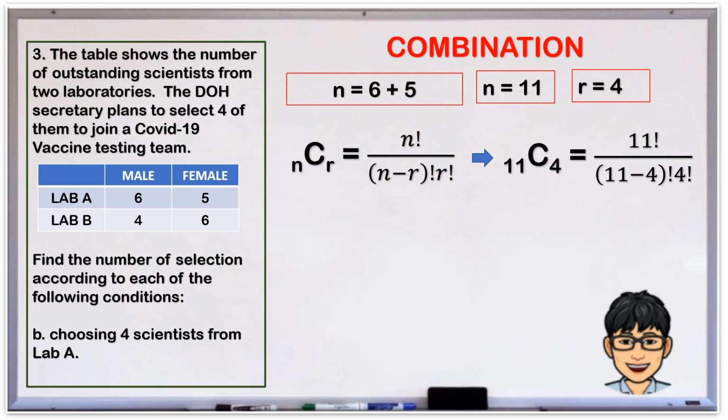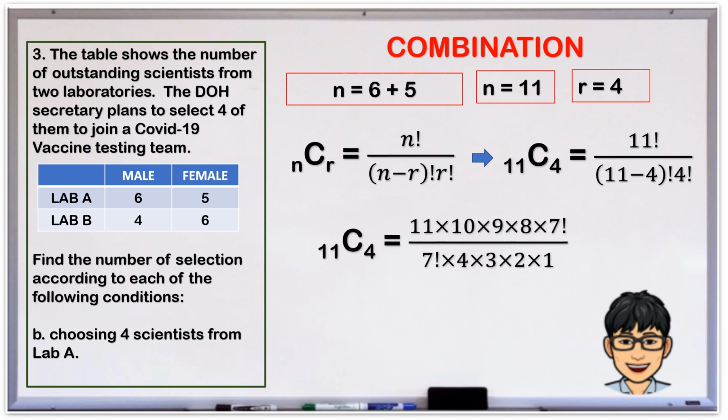Take note, 11 minus 4 factorial is also equal to 7 factorial. To simplify this, we have now 11 times 10 times 9 times 8 times 7 factorial divided by 7 factorial times 4 times 3 times 2 times 1. Next, let us now divide 7 factorial by 7 factorial.